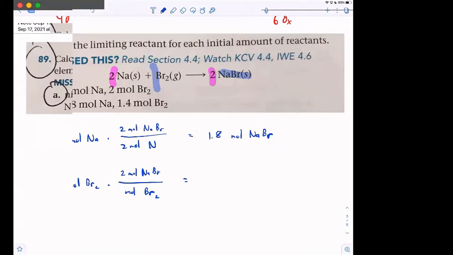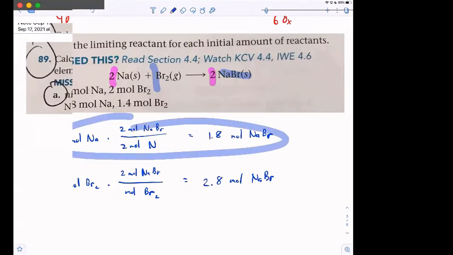So this is going to be 2.8 moles NaBr. From this, looking at the ratios, you have to pick the lowest one. So the lowest one is the sodium.